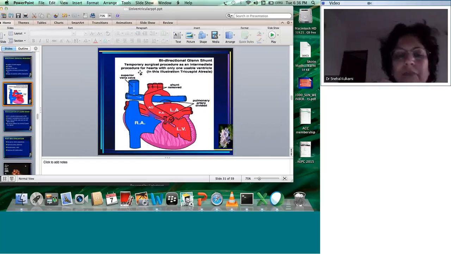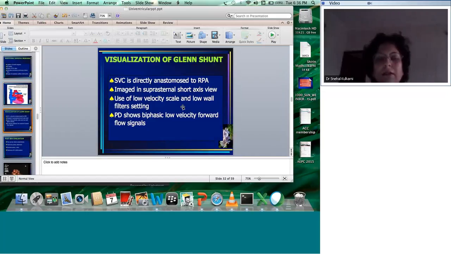But as we know, we have to connect the SVC to the pulmonary arteries, and therefore the pulmonary artery pressure has to be definitely much lower than the SVC pressure, so that we have a good transpulmonary gradient for the SVC to flow into the pulmonary circulation.